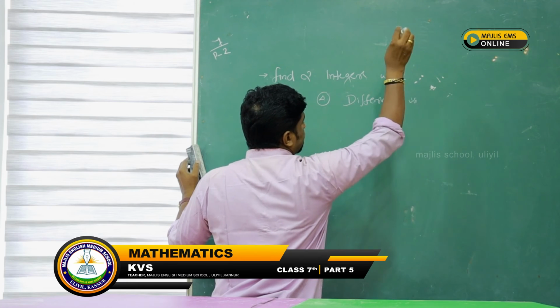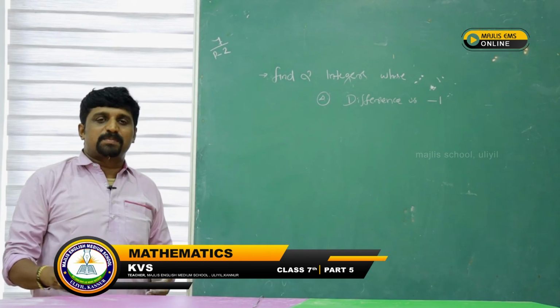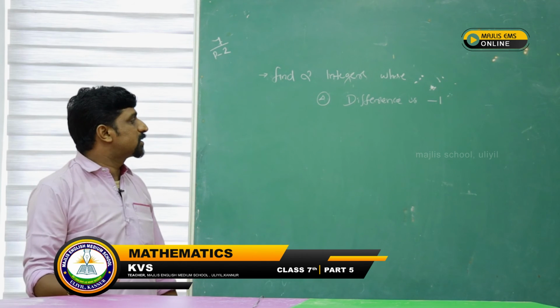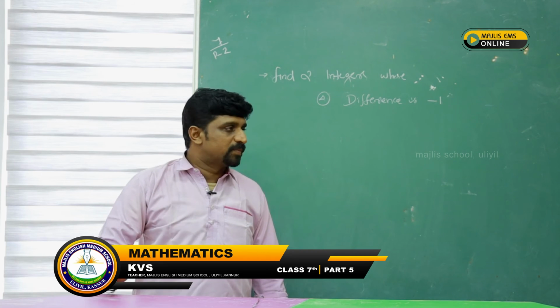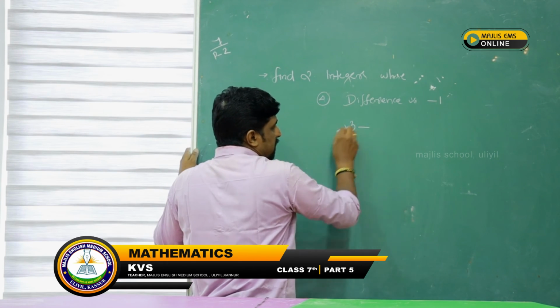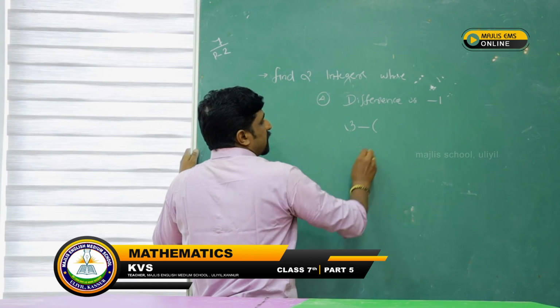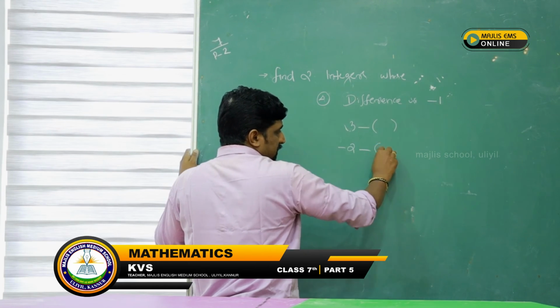Difference is minus 1. Already we discussed the difference of numbers. Okay, the difference I need is minus 1. So I can give you 3 examples. Therefore, 3 minus which number here? Brackets. Minus 2 subtract here.